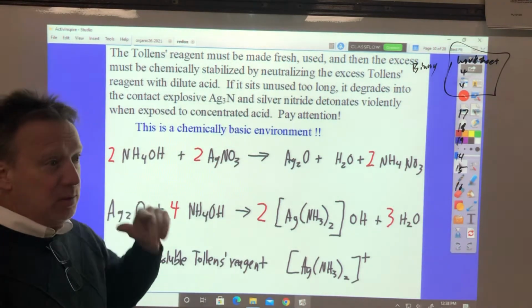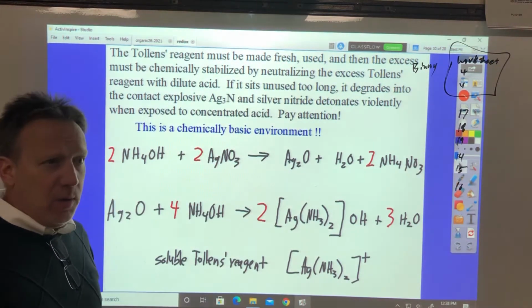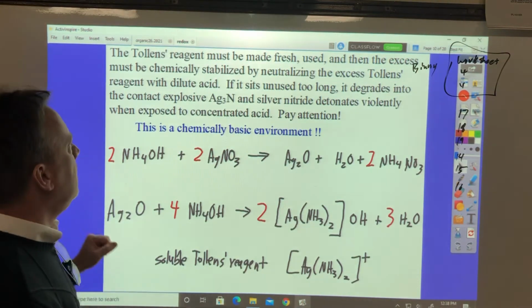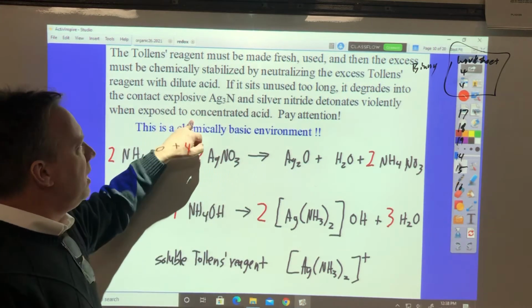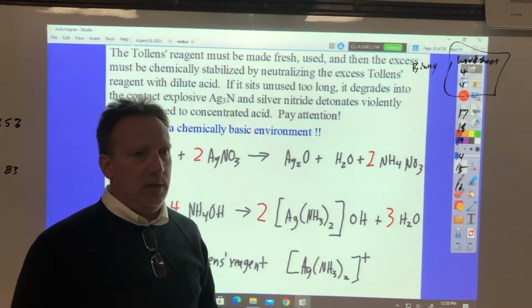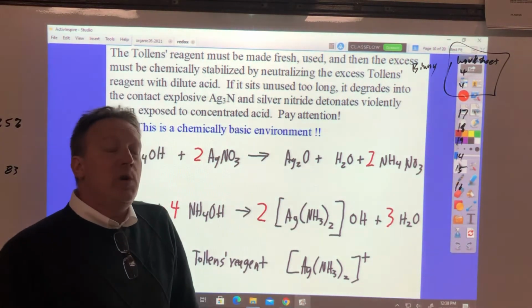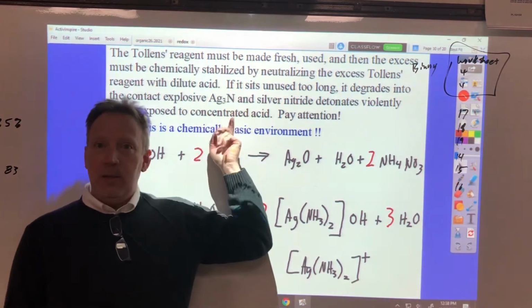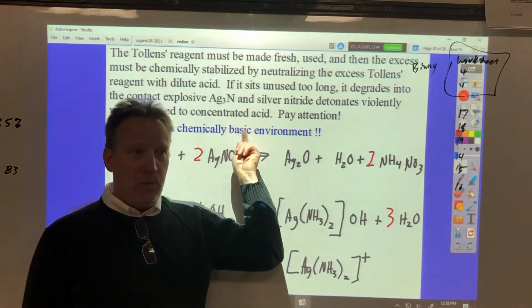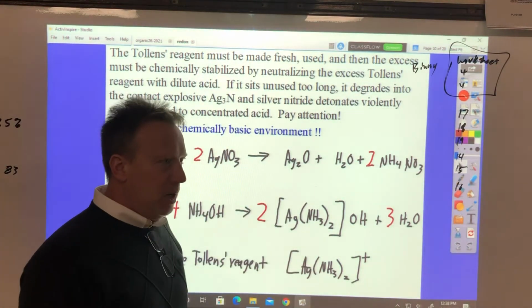In other words, it explodes. It doesn't explode, it's a much quicker reaction than that, it detonates. It also detonates violently when exposed to concentrated acid. So when we're done with the reaction, it's your job to remind me to neutralize that so I don't forget. Otherwise, we blow up, okay, which is not a good plan.